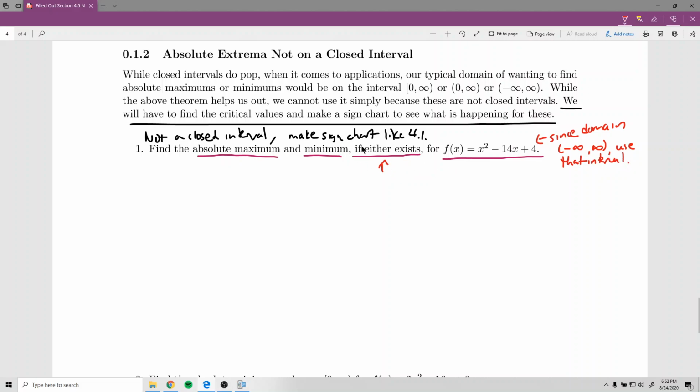Right, if you are still given a domain, which I believe in the next one we will be, use that. But this one we aren't given a domain, so we have to use negative infinity to infinity.